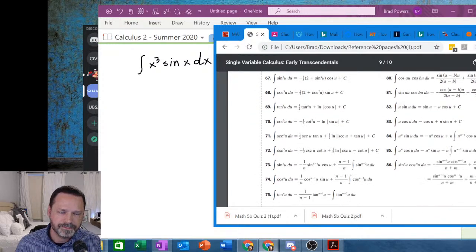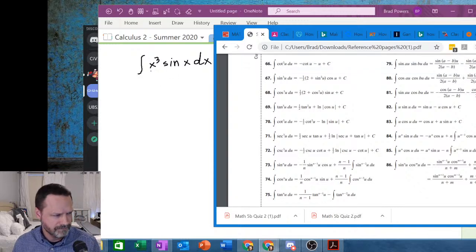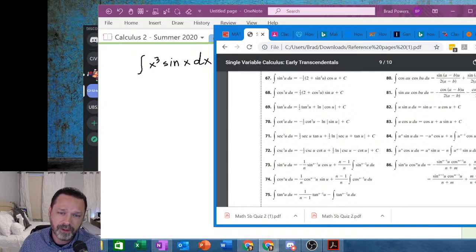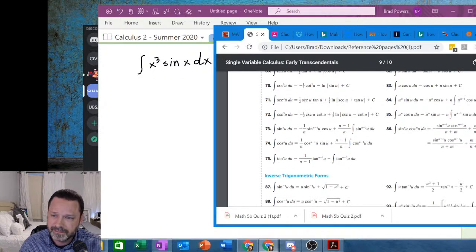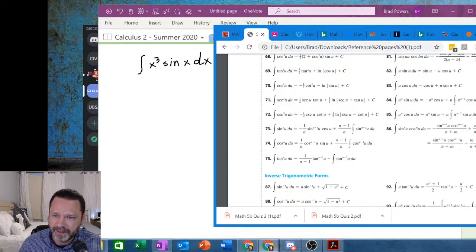Let's keep going. And of course, this is another one too that you say, hey, this looks like something I could do with integration by parts, maybe. And why not? Like I'm saying, most of these are doable in a different way. Okay, here I got something. This looks like something.